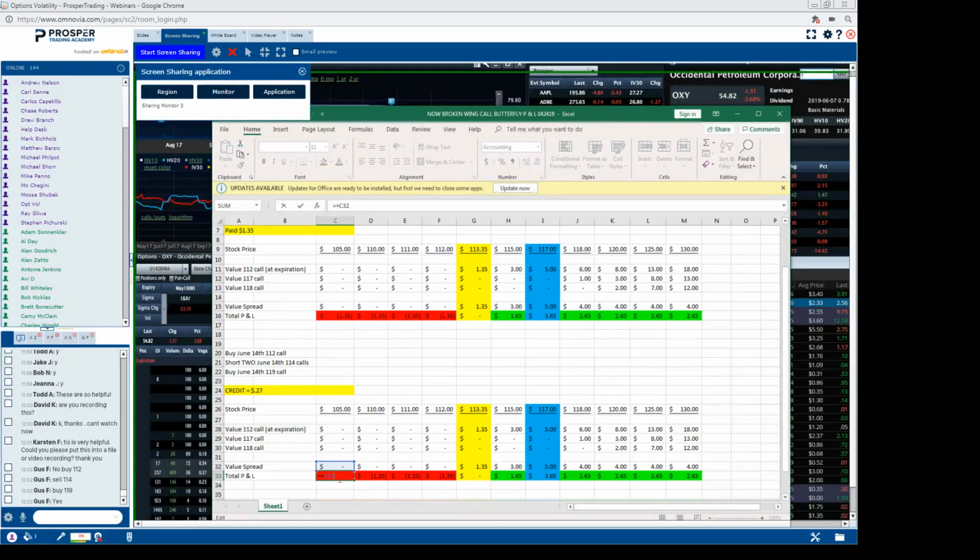So this would be plus 27. So this would all be in the green here, not in the red. Anything from the first strike below, all the options are worthless, but we collected a credit, so we keep the 27 cents.